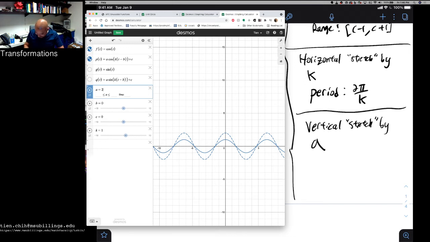So if I do that, then the amplitude is A, and this is why we're using A here as our measure, because that A is the amplitude of this particular function. Alright, so those are all of the changes that you can make individually.